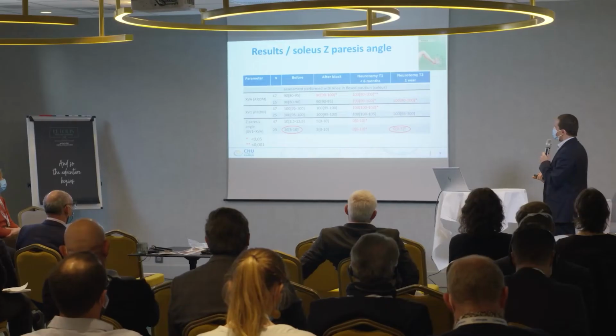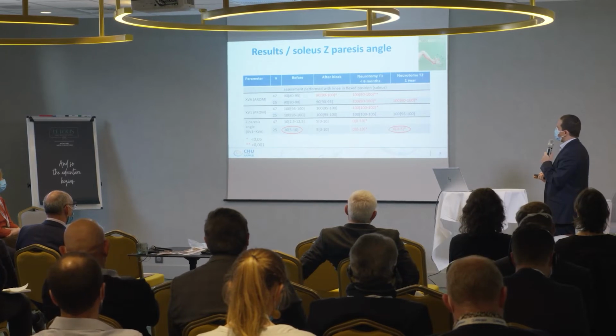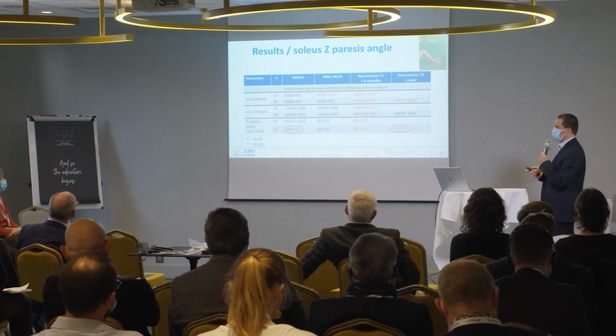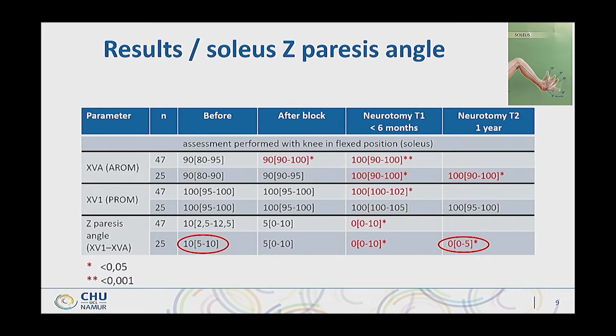If we look at the paresis angle, which is passive range of motion minus active range of motion, we see that before surgery, the paresis ankle was 10 degrees. Normally, it must be 0 in every case. I hope that everybody here has 0 degree of paresis ankle.